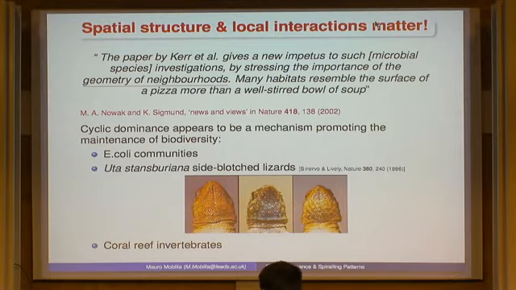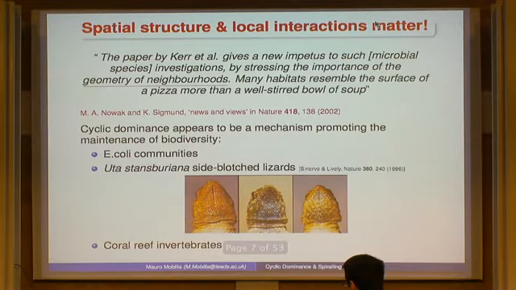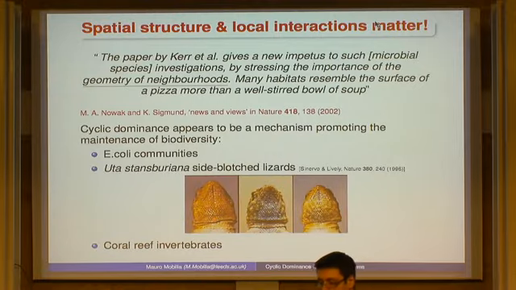These are color-coded lizards, if I remember correctly. This should be orange, this is blue, this is yellow, and this one dominates over this one, over that one, and vice versa.